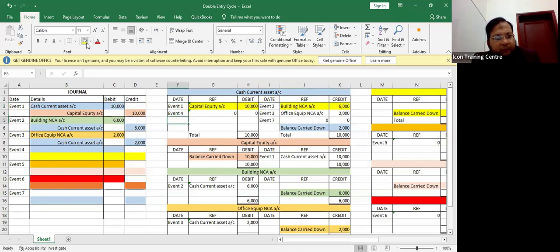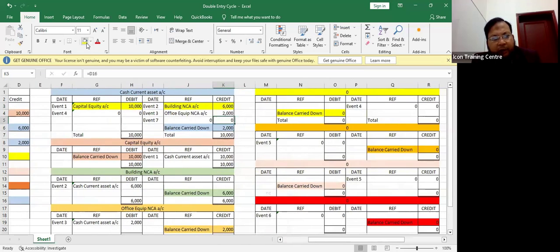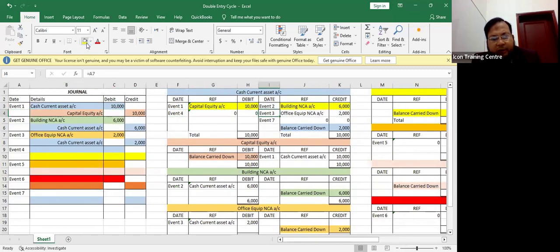So you can see that cash is credited 6,000 because the reason is building. We were purchasing the building. Now here we are purchasing office equipment and we are paying cash. So cash, which is our current asset, is decreasing by 2,000. And now the balance we have is 2,000. This is very important. This is the function of the ledger, that every entry is being shown here, right?